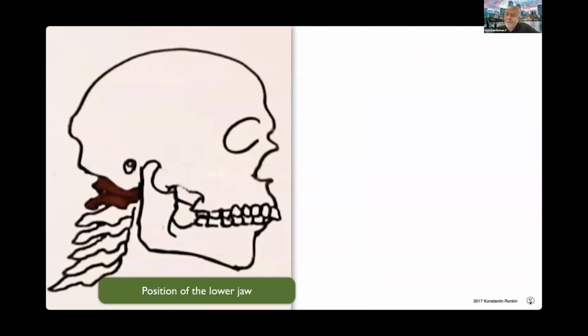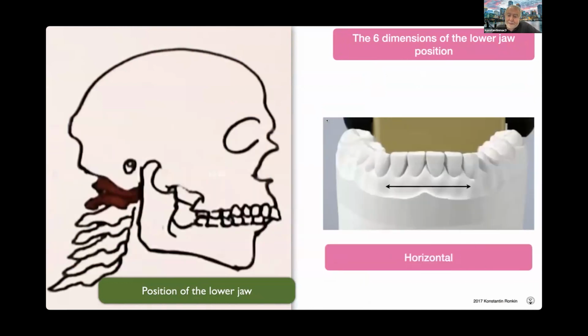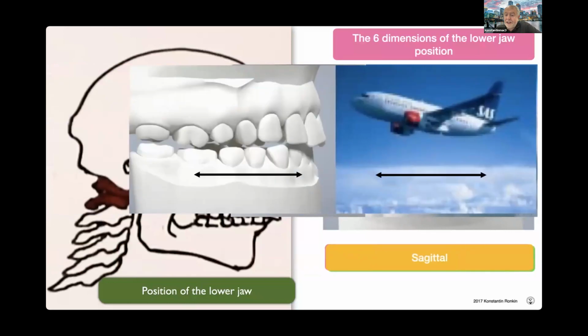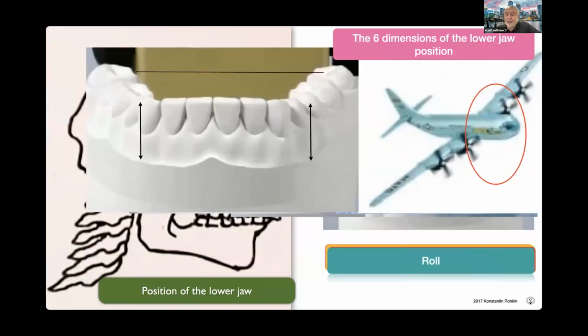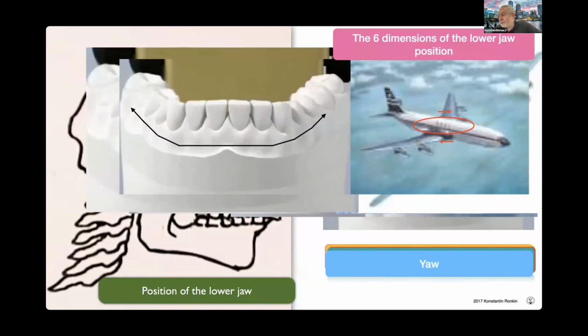Now, a lot of things are related to the position of the lower jaw. And if we're talking about the lower jaw, we're talking about the 6 dimensions of the lower jaw position. This is horizontal, vertical, sagittal. Also, we have pitch, roll, and yaw, right?